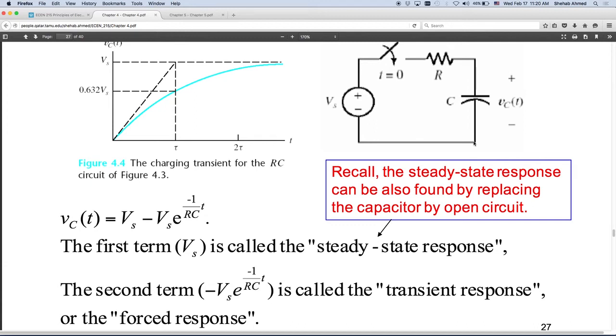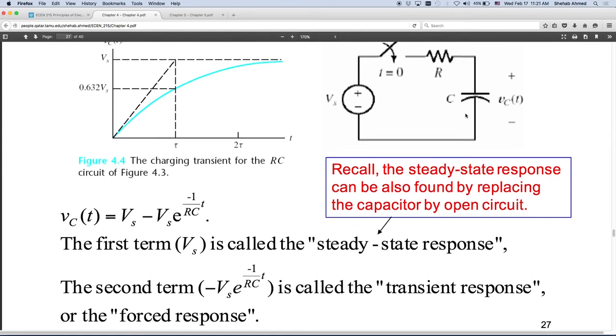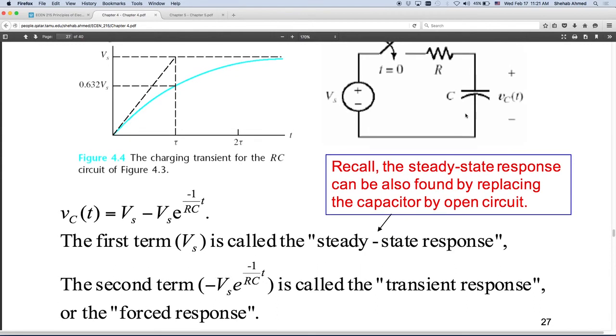Current will not flow, so there will be no voltage drop across the resistor. So the voltage will be the same as Vs in steady state. That's the Thevenin equivalent voltage, if you wish. And it's sort of a confirmation for your solution, because it tells you that the steady state value for the voltage is going to be Vs, and you calculated this K1 term to be Vs.